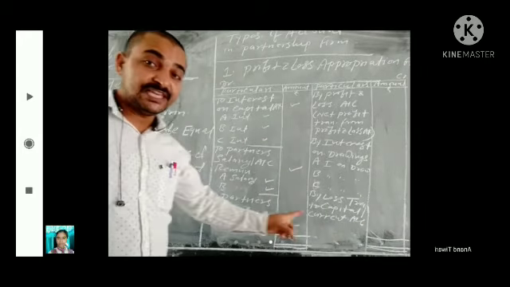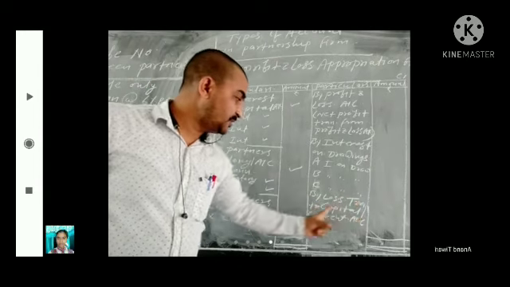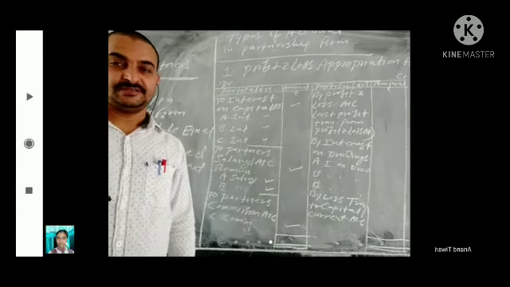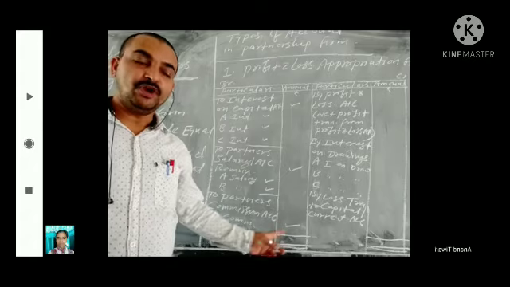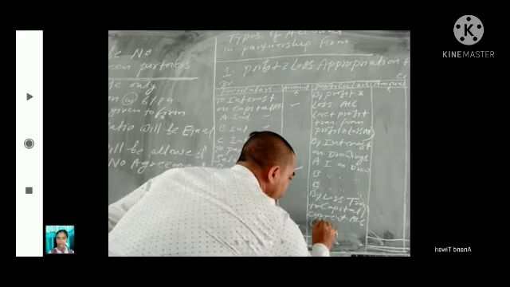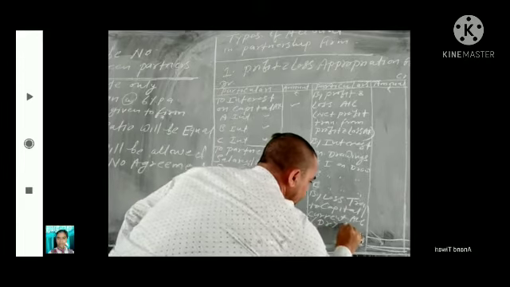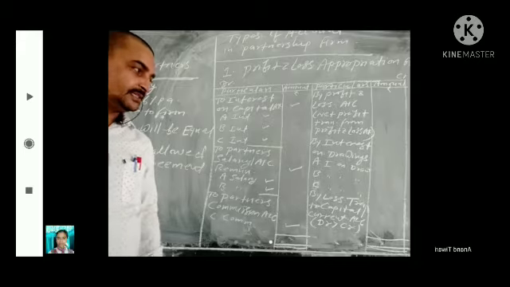Two terms I have used. By loss, transfer to capital or current account. Is it clear? When will it be a loss? If debit is greater than credit. Clear?